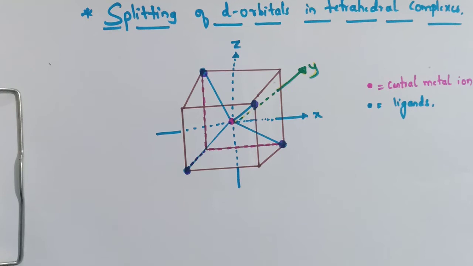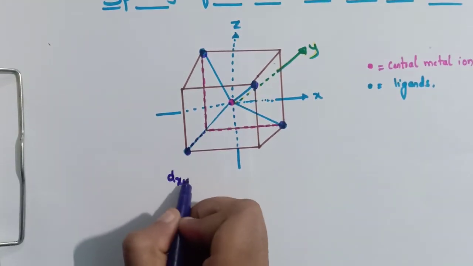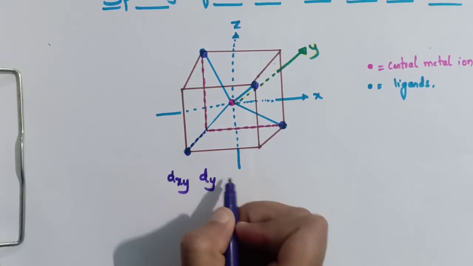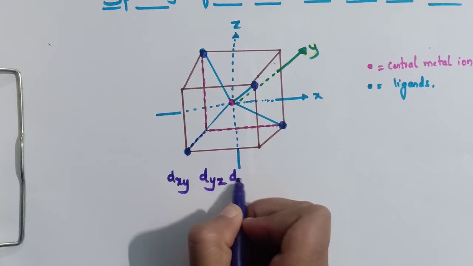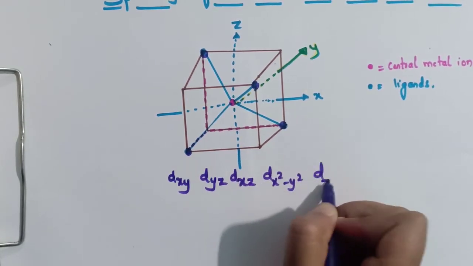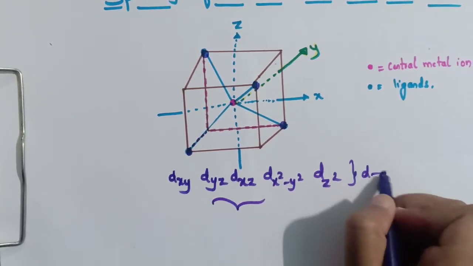After this, here you can see there are 5 d orbitals, that is dxy, dyz, dxz, dx square minus y square, dz square. These are the 5 d orbitals.